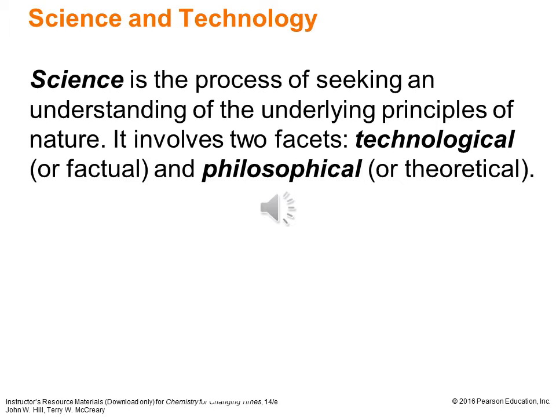So again, a little broader than what our text goes into, but those are the hallmarks of science: empirical data, logical argument, and skeptical review. And in particular in chemistry, obviously that will involve matter and energy and the changes that matter undergoes.